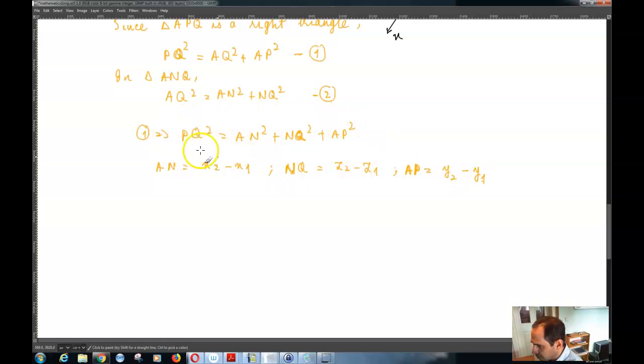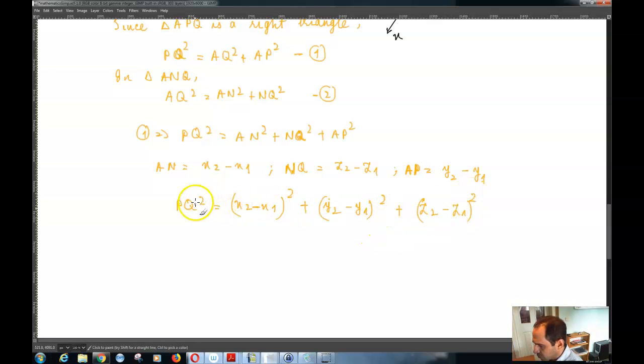So if I add this whole thing together, AN squared is x2 minus x1 whole squared, plus NQ squared, which is z2 minus z1 whole squared, plus AP squared, which is y2 minus y1 whole squared.